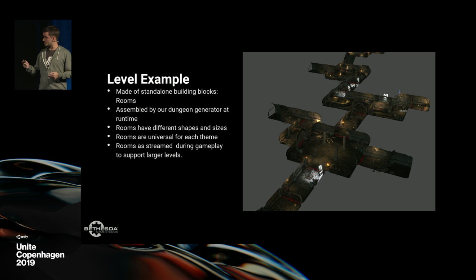The red lines that you see in these screenshots actually represent the connections between these rooms. So as you can see, we have rooms of different shapes and sizes, but they're all universal in the sense that they all connect together whatever the size of the actual room is.